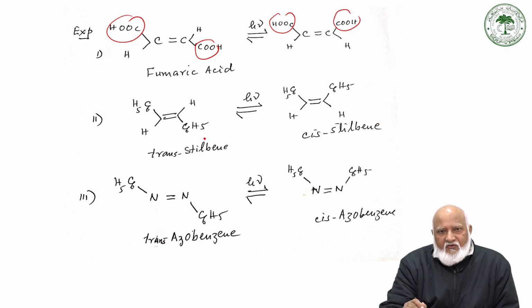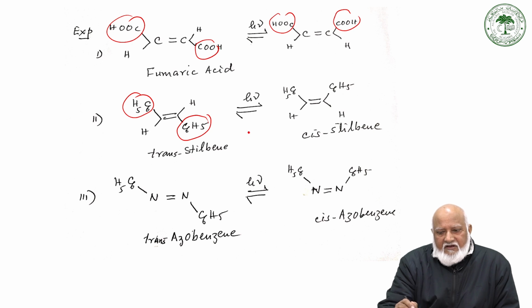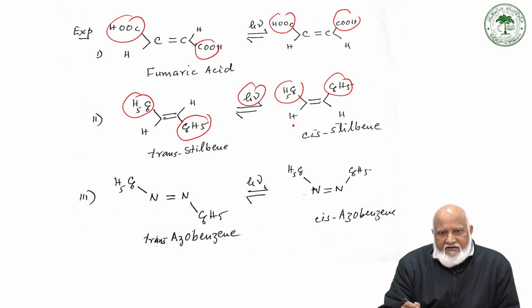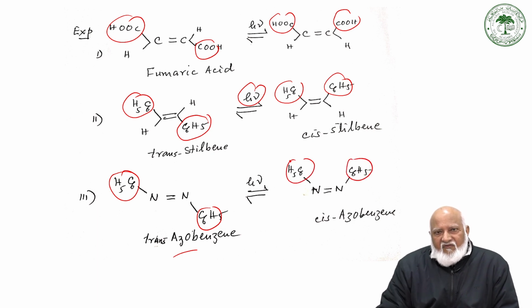Another example of photochemical cis-trans isomerization is trans-stilbene. The trans-alkene in the presence of light can go to the cis-alkene, and again it is in equilibrium. And a third example of photochemical cis-trans isomerization is azobenzene. The trans form can be converted to the cis form in the presence of light.